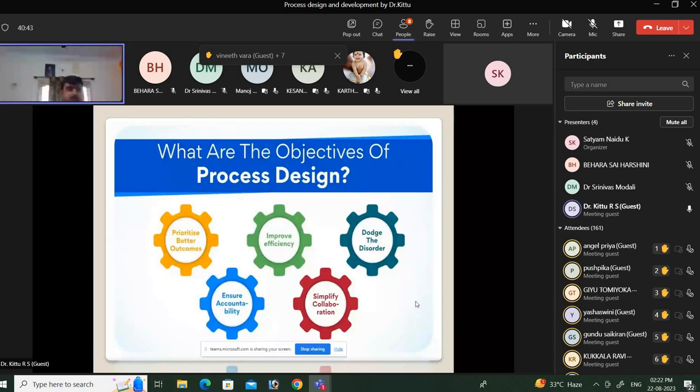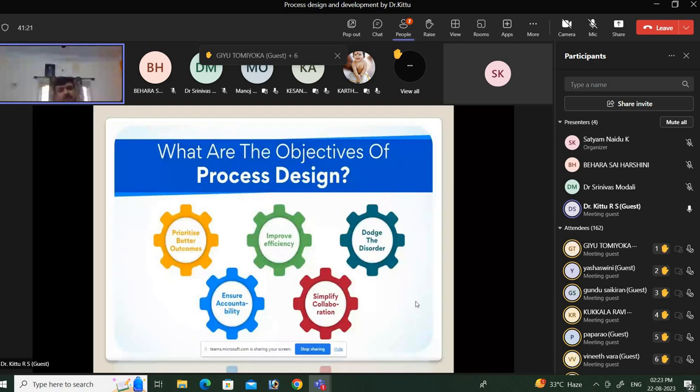You know very well the advanced technologies we are using nowadays, for example artificial intelligence, machine learning, and robotics. These aspects directly or indirectly impact our efficiency. But the purpose of process designing is also to improve our efficiency. That is the main agenda of developing the process of design.